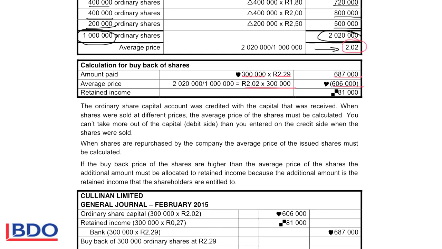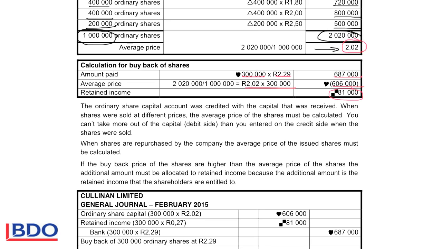So the capital is reduced with 606,000. The difference between the amount that will be paid, 687,000, and the amount that we can reduce capital with, 606,000, gives us the 81,000.